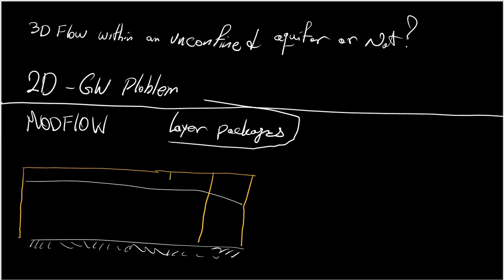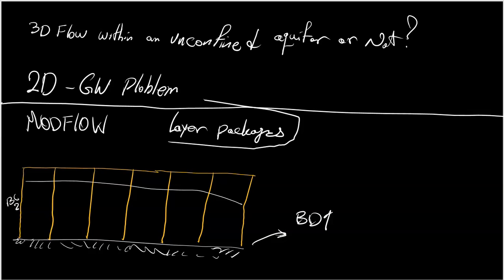These yellow spaces are my numerical nodes or numerical cells. So I can define boundary condition 1 here and boundary condition 2 here, and write the governing equation here and solve this problem.